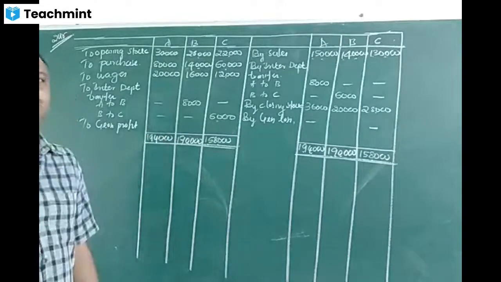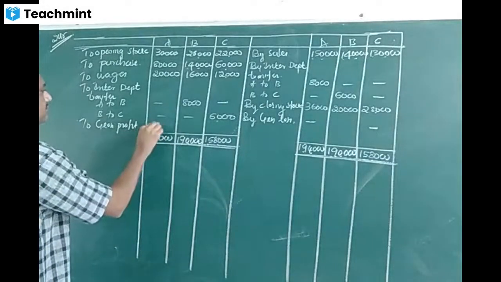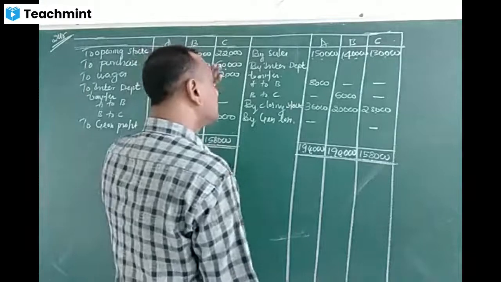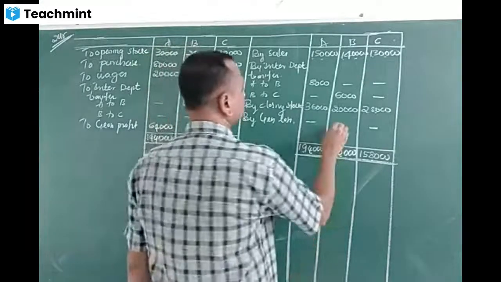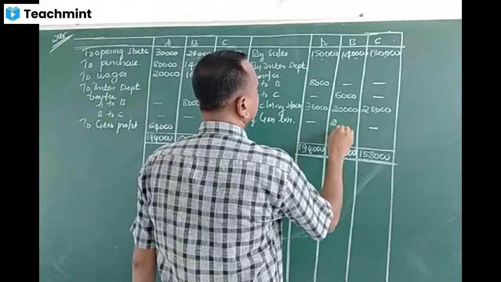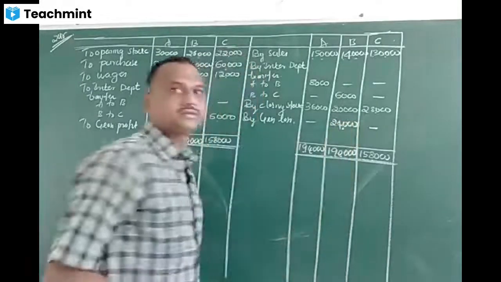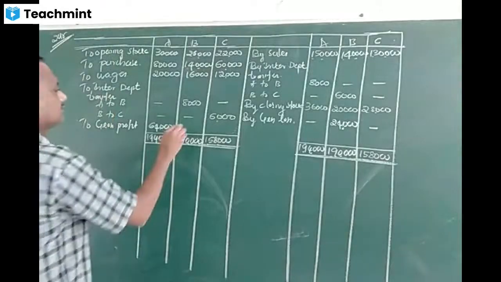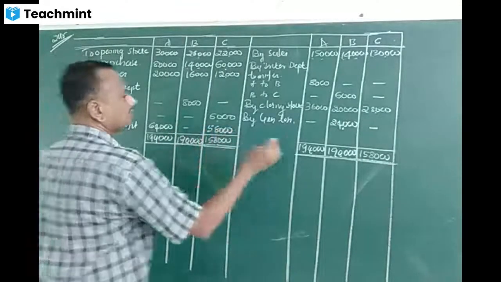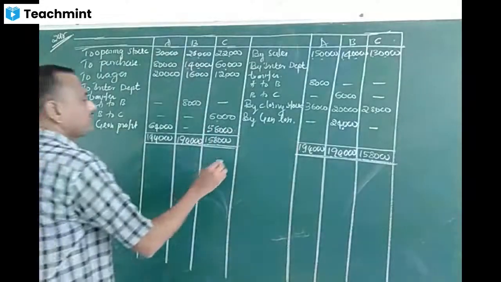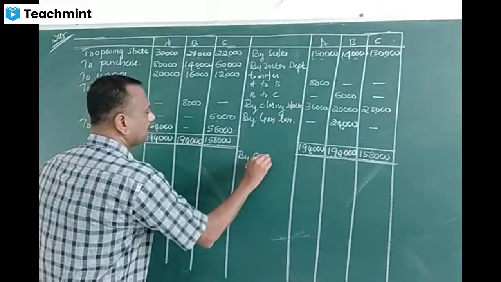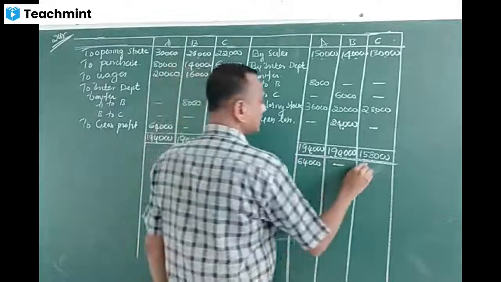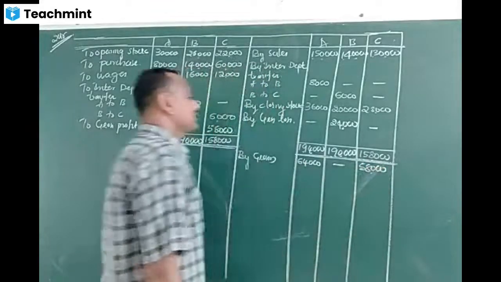By gross profit: A 64,000, B nil, and C 58,000.